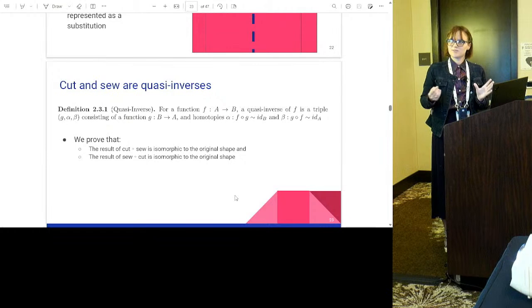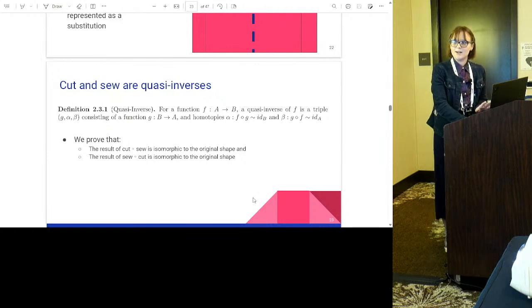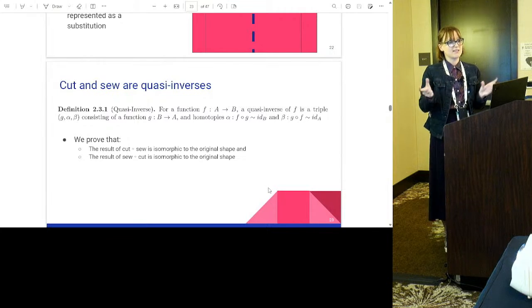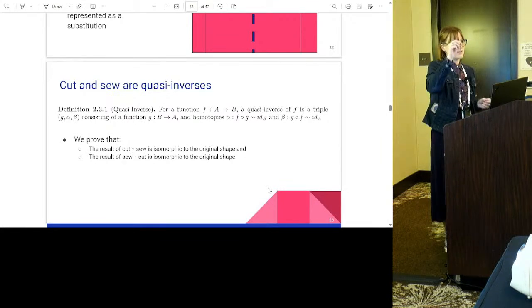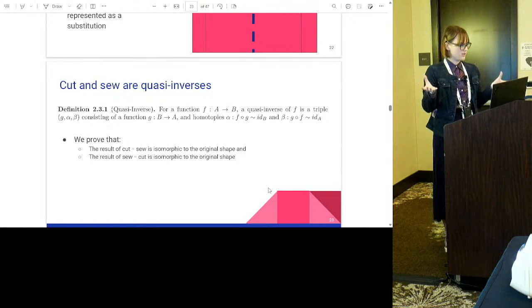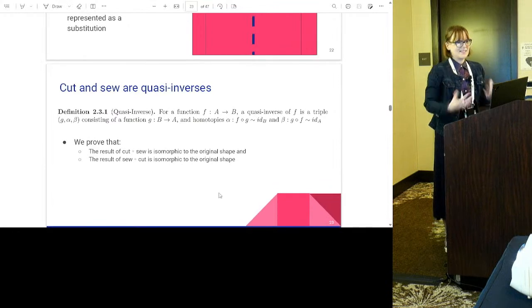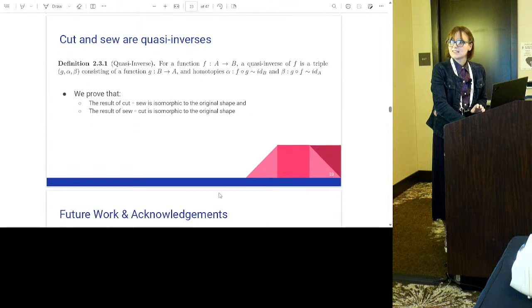And the really convenient thing is that when you compose the cut operation with the sew operation, you always end up with the same shape as before, albeit with a new seam in it. And the same vice versa. If you sew two things together and then cut that exact new seam, that exact edge, then you end up with the same two shapes that you started with. That's very convenient because that's exactly what you would expect to happen in real life, and it matches up with our semantics.